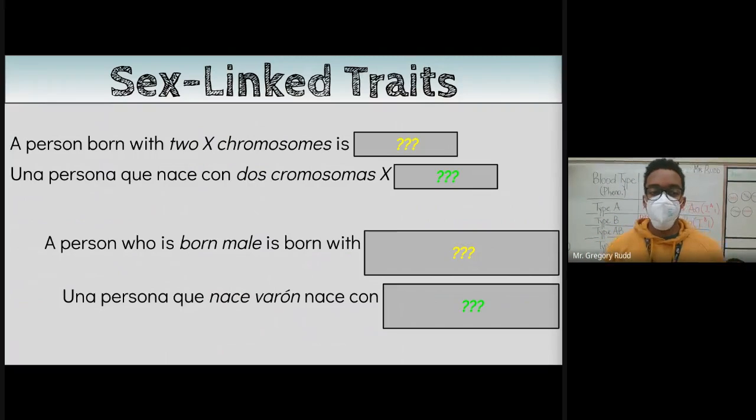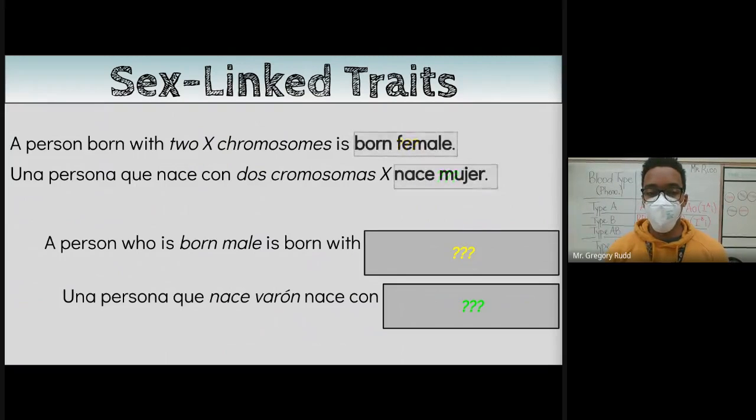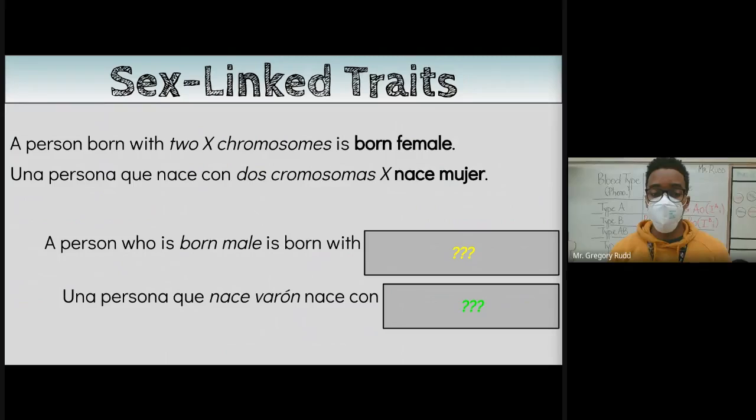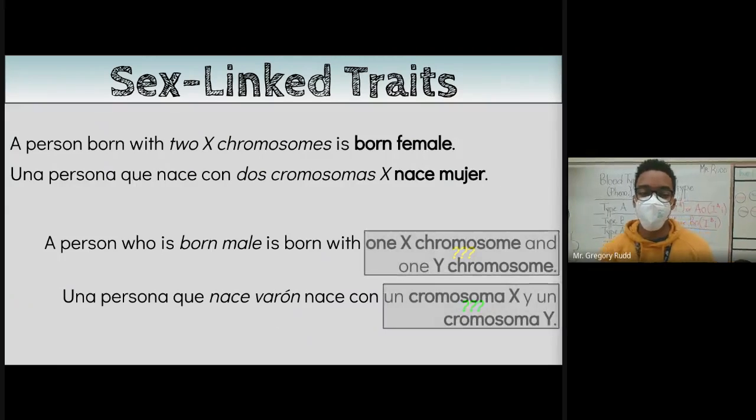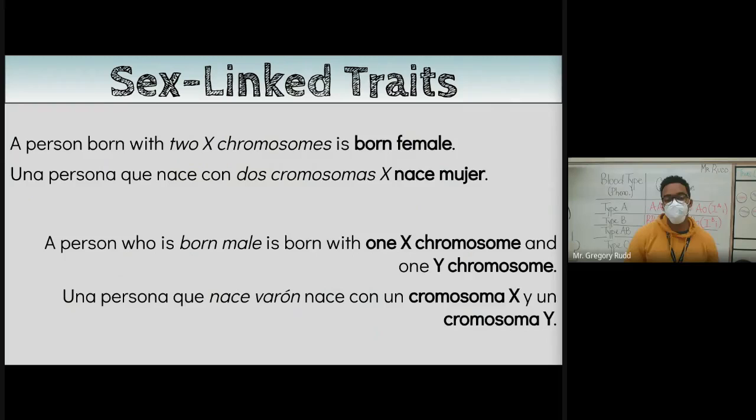Okay, so a person born with 2 X chromosomes, I guess we don't know this, is born female. So people who are born female have 2 X chromosomes. A person who is born male is born with what? What do you guys think? 1 X and 1 Y. Good. So a person who is born male is born with one X chromosome and one Y chromosome.